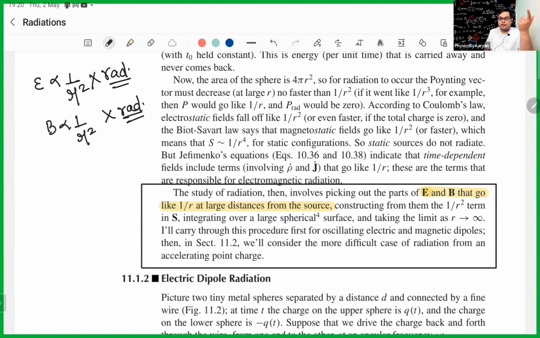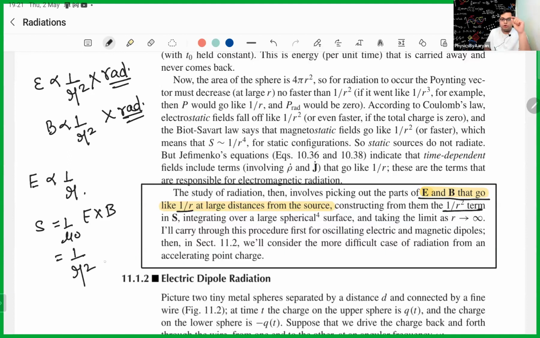If you want electric field and magnetic field to radiate, then your E and B should vary as 1 by R. If your electric field and magnetic field vary as 1 by R, then what will happen is that your S will be 1 by nu naught E cross B. So then your S will be 1 by R square, because E is 1 by R, B is 1 by R. So then your Poynting vector will be 1 by R square.